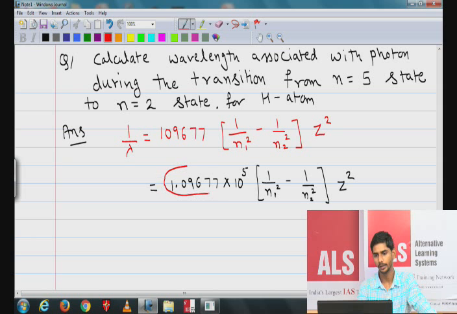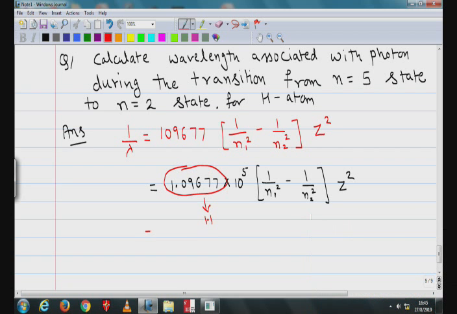You can write this value as 1.1. So it will look like this: 1.1 into 10 to the power 5. Guys, remember, you have to use 1.1 just for the calculation purpose, nothing else. It won't give any big difference.